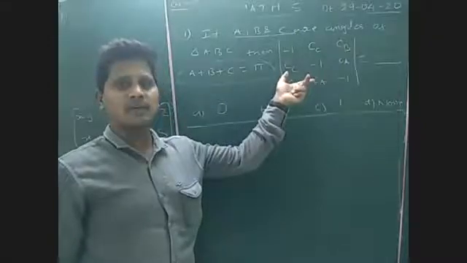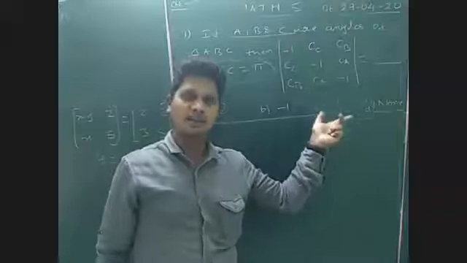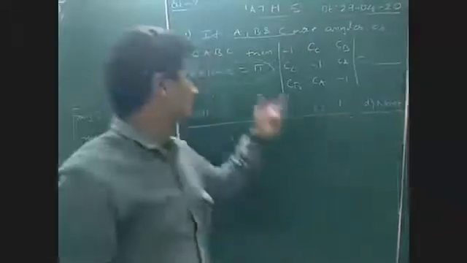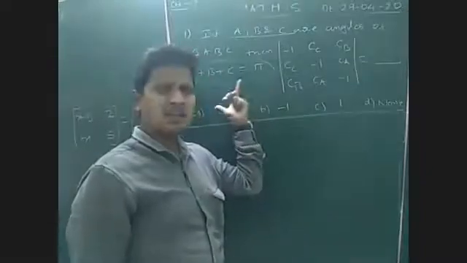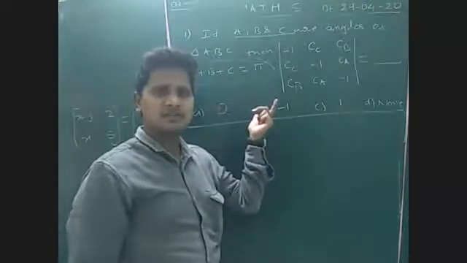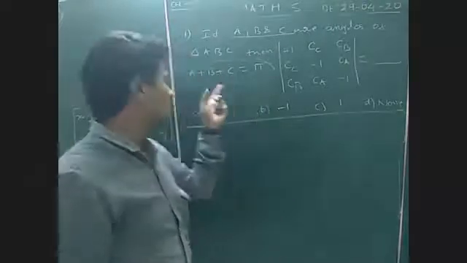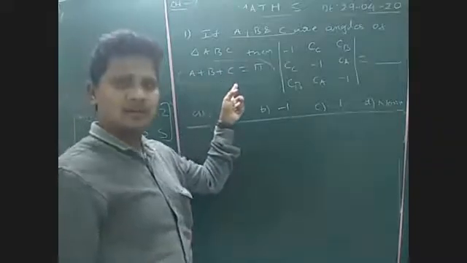Don't simplify or expand directly here, it will be lengthy. You can take A is equal to 60 degrees, B is equal to 60, C is equal to 60. Otherwise, A is equal to 45, B is equal to 45, C is equal to 90.